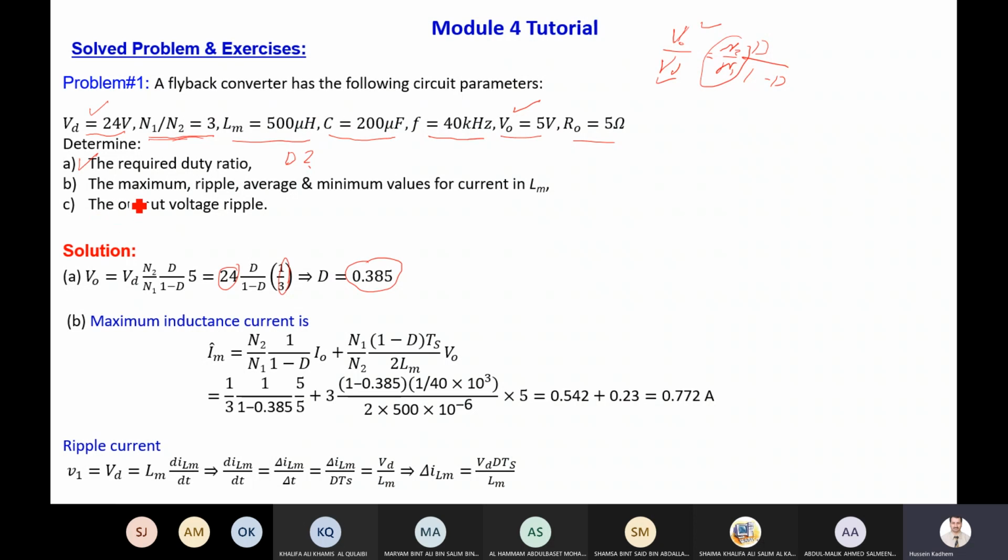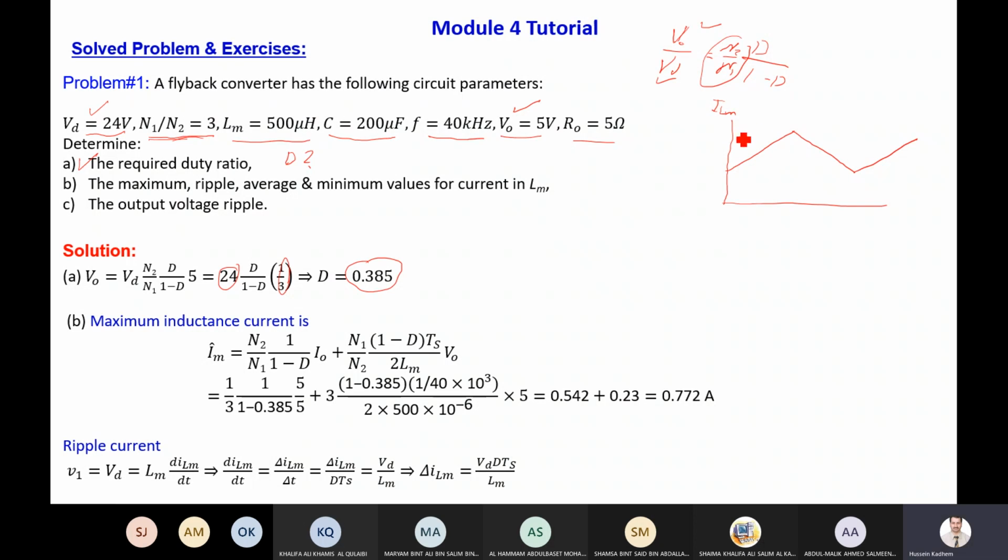Next, he asked me to find the maximum, ripple, average, and minimum value of the current in LM. Just to remind you, the current in LM is increasing and decreasing, charging, or let me say storing energy and releasing energy. This is the current IL.